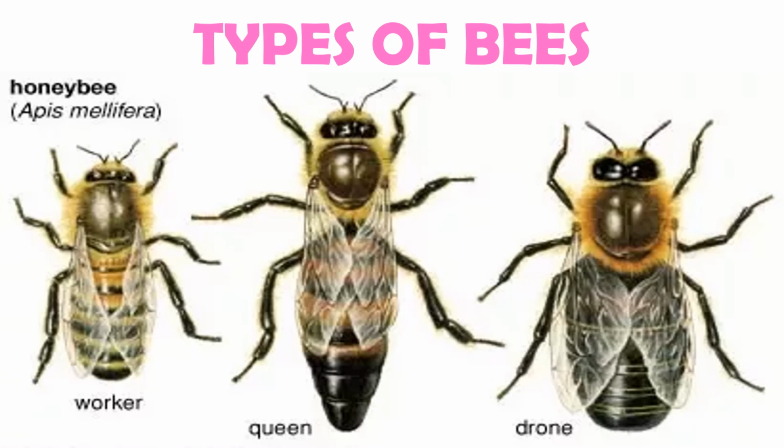Each type of honeybee has a slightly different body depending on its task. As you can see on the screen here, the queen bee is the largest of the honeybees. She has a longer abdomen, a shiny thorax, and does not have pollen baskets on her legs. The queen has a stinger, which she uses to fight off other queen bees. She can sting many times without dying.